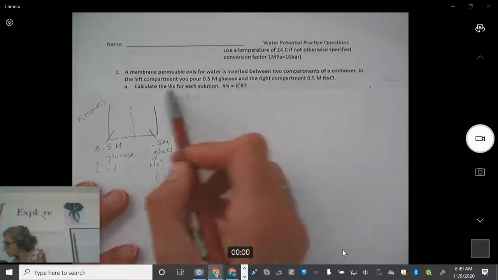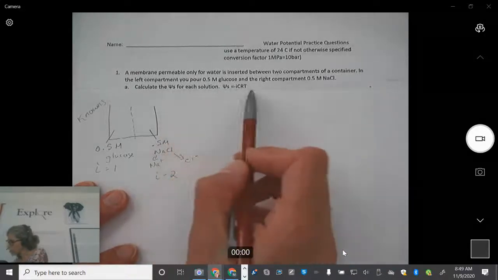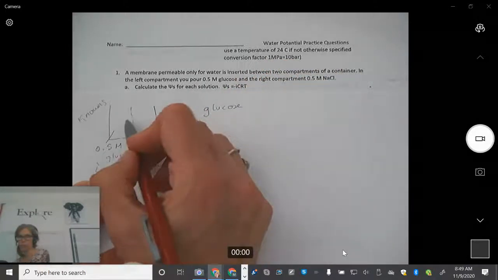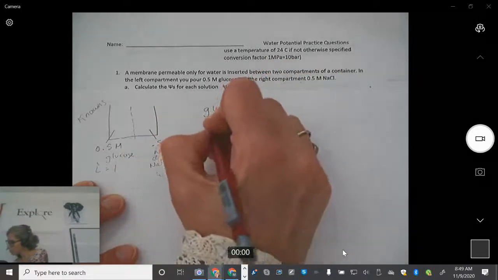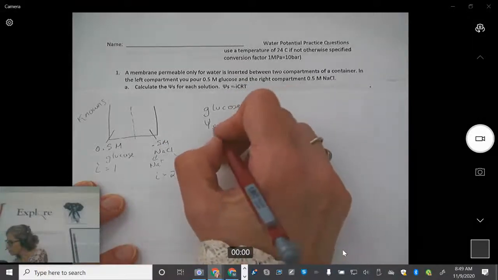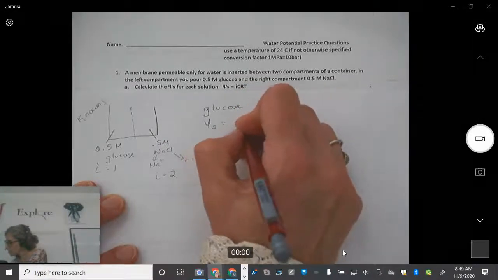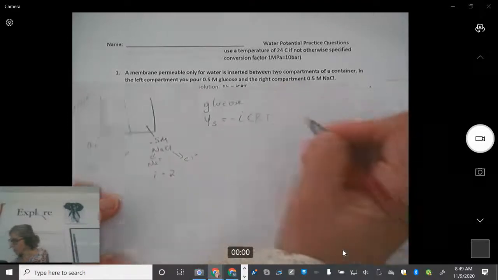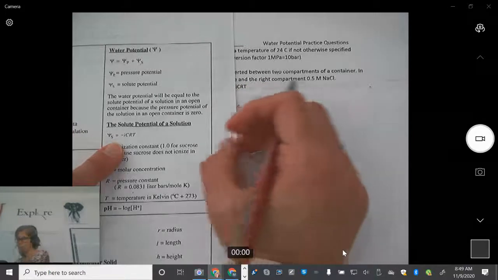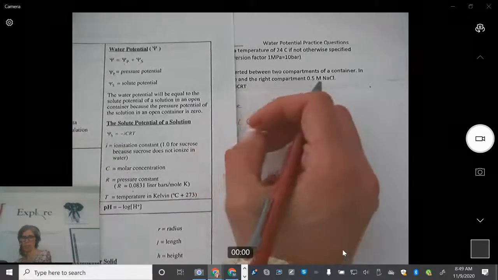So calculate the solute potential for each solution. In the glucose solution, the solute potential is going to be negative iCRT. And that, if you don't have the formula, is right here on your formula sheet, and it even tells you what all these things are.